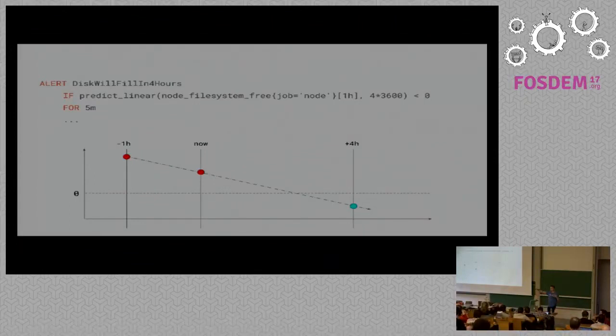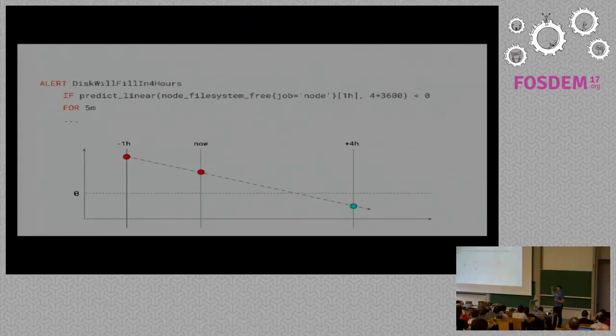So is this disk full but staying basically constant, or is it filling up really fast? And we can do this, right? We can look at our time series data, which we collected over time. Look at how much free disk space we have now, and how much we had 1 hour ago. And based on that development, make a prediction, where will it be in 4 hours?